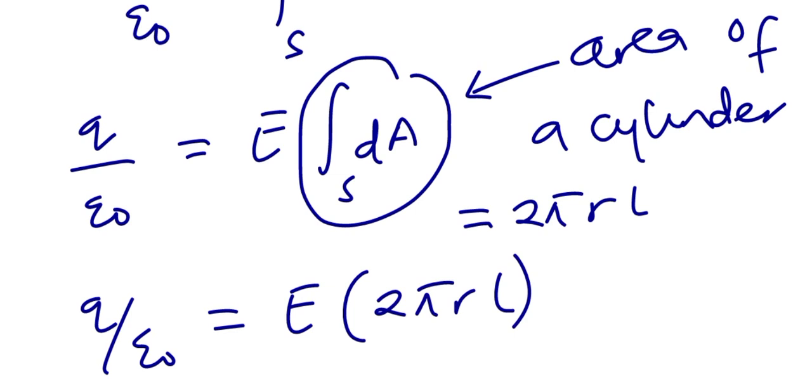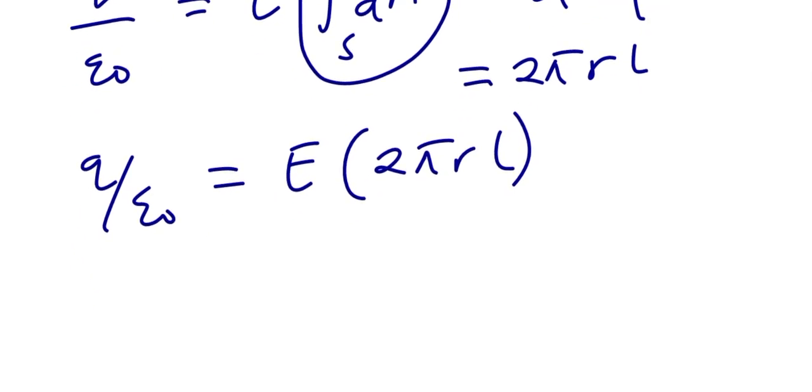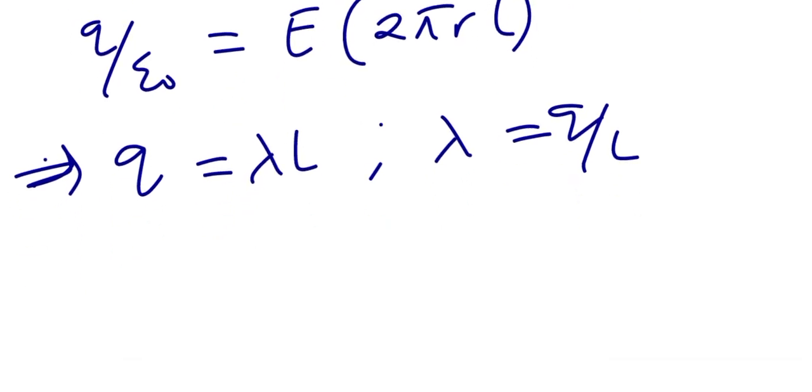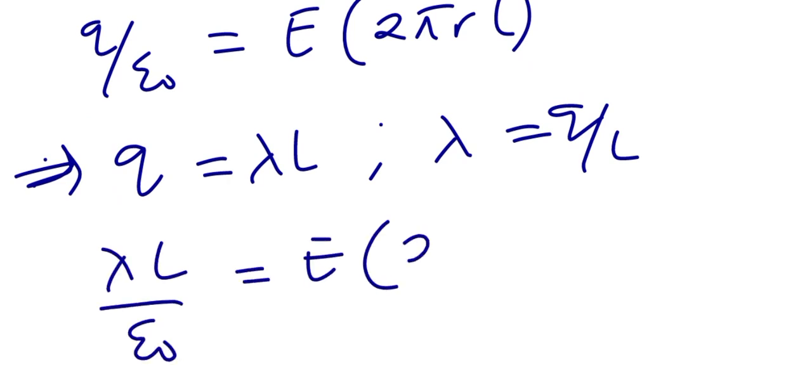Then we know that Q is equal to lambda L, given that lambda is the charge per length. So we replace Q with lambda L: lambda L over epsilon naught equals E times 2 pi RL.